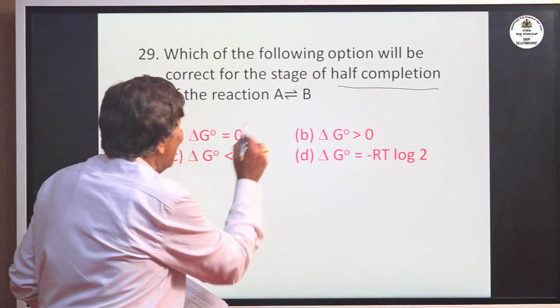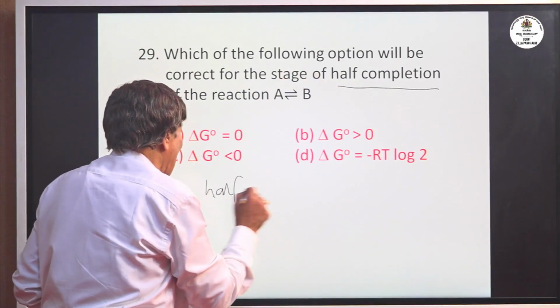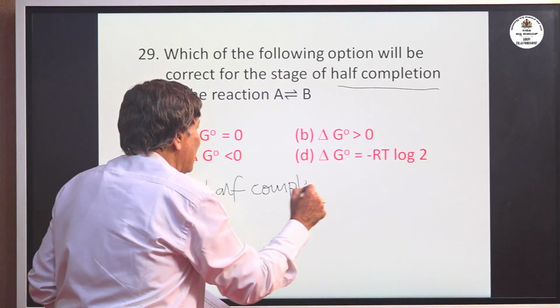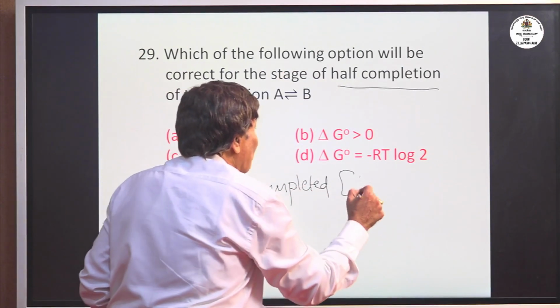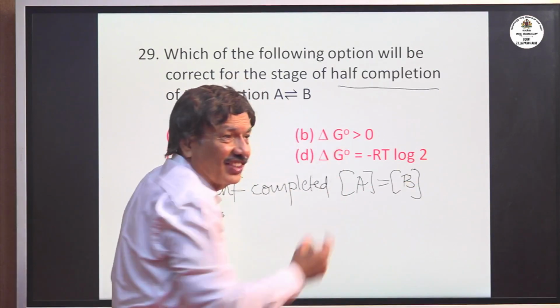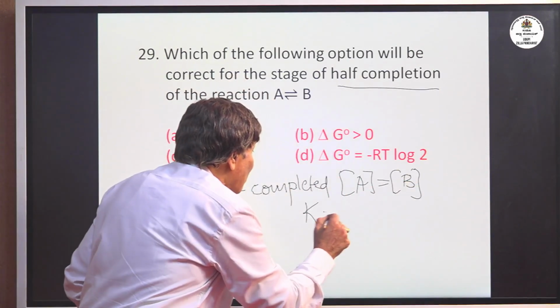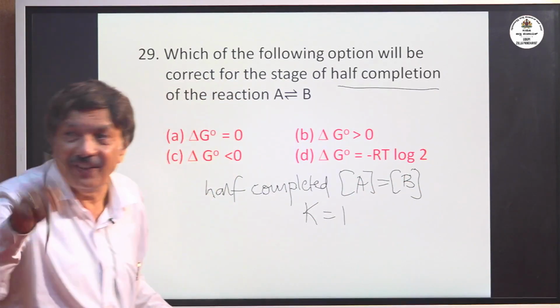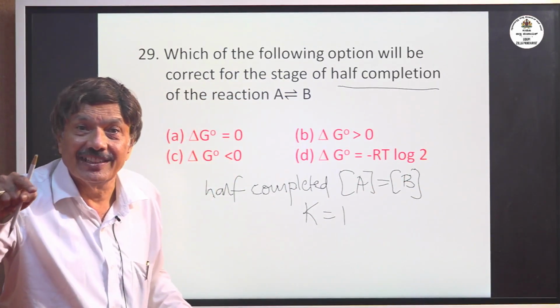So when the reaction is half completed, the concentration of A will be equal to the concentration of B. So the equilibrium constant will be 1.